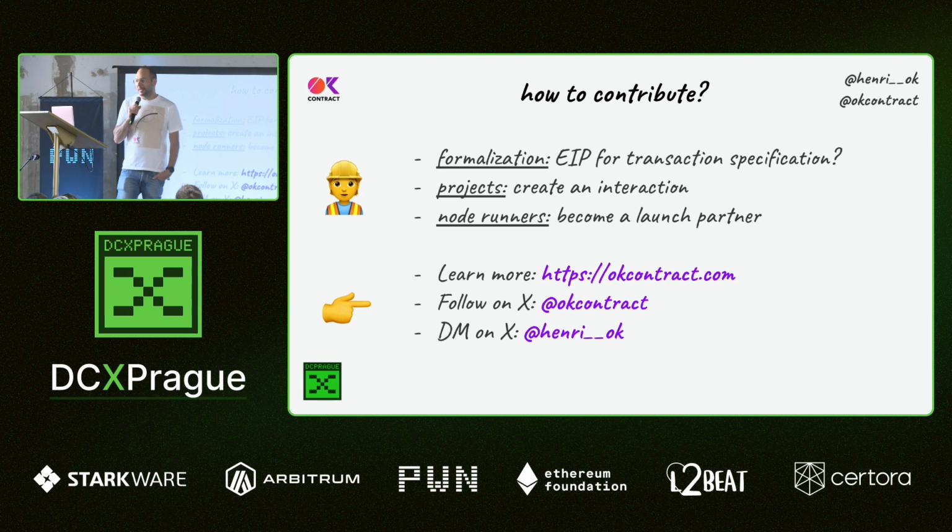So that will be the last slide, on how to contribute. There are several things that we can discuss as well. One is formalization. Right now we are considering writing an EIP for the transaction specification, mostly for the functional programming language Lambda script and the definitions of the standard libraries that we put in it.